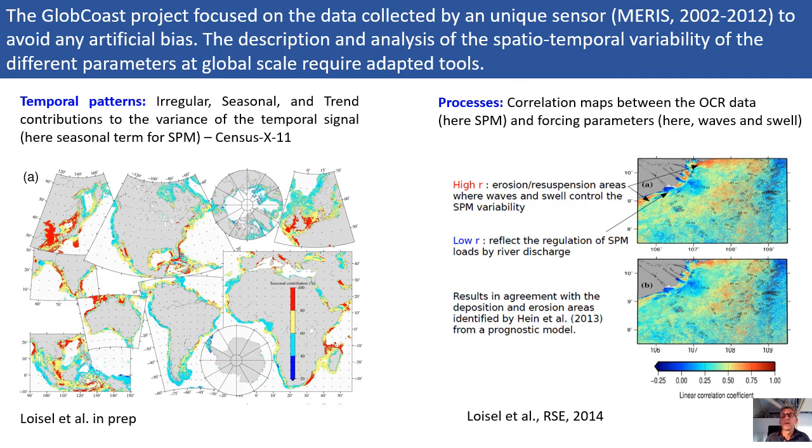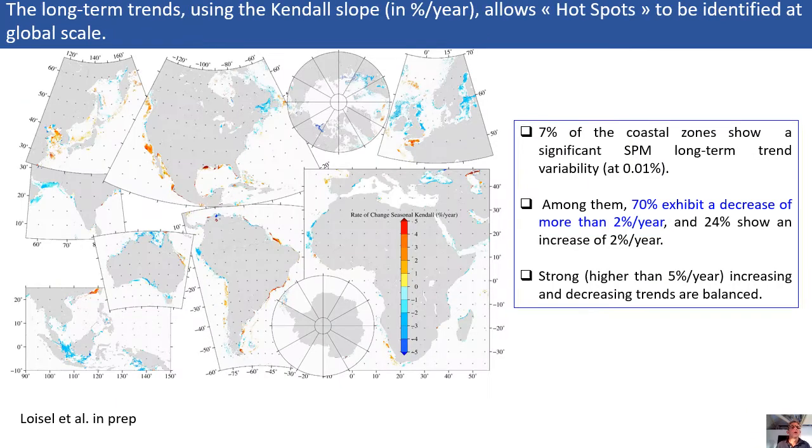You have an example here at the outlet of the Mekong Delta between SPM and waves and swell, where high R values depict erosion and resuspension areas where waves and swell control the SPM variability, and low R values reflect the regulation of SPM loads by river discharge. The long-term trends using the Kendall slope, which is expressed in percentage per year, allow hotspots to be identified at global scale.